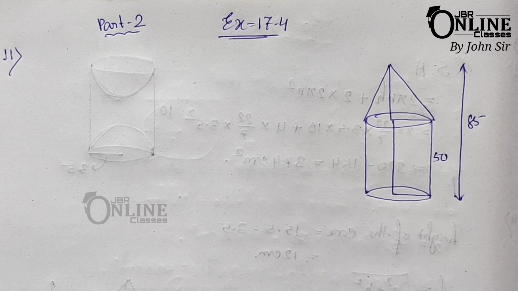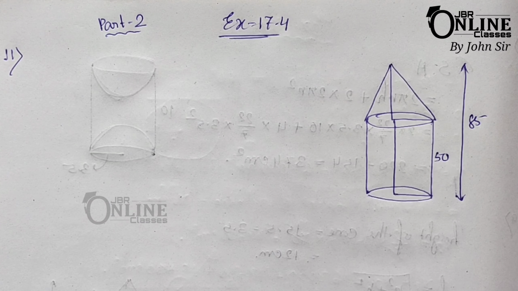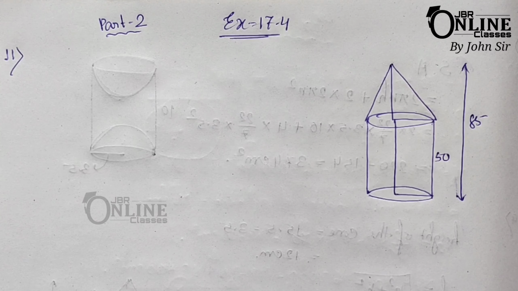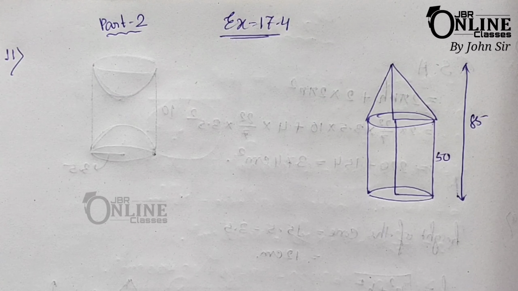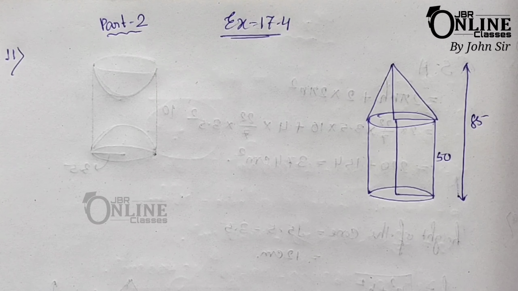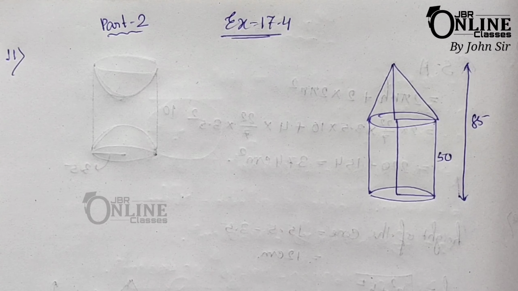If the diameter of the base is 168 meter, find the quantity of canvas required to make the tent. Allow 20% extra for folds and stitching. Give your answer nearest in meter square.